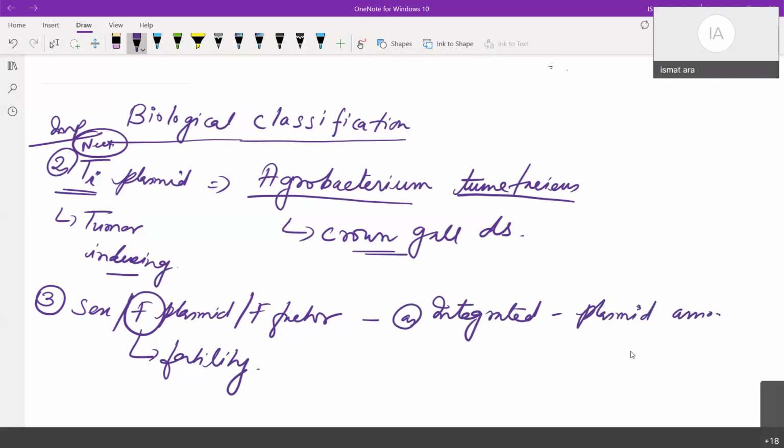When plasmid is associated with nucleoid, this type of plasmid has a special name. It is called episome. And the second one is free plasmid.